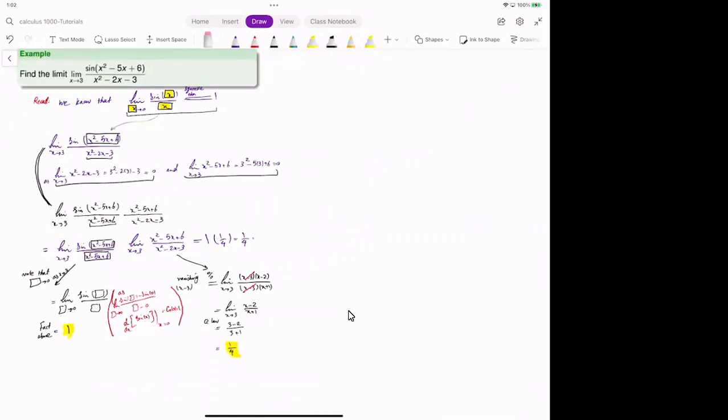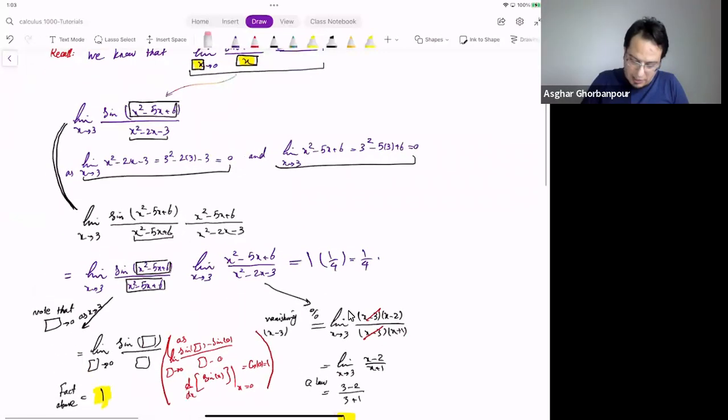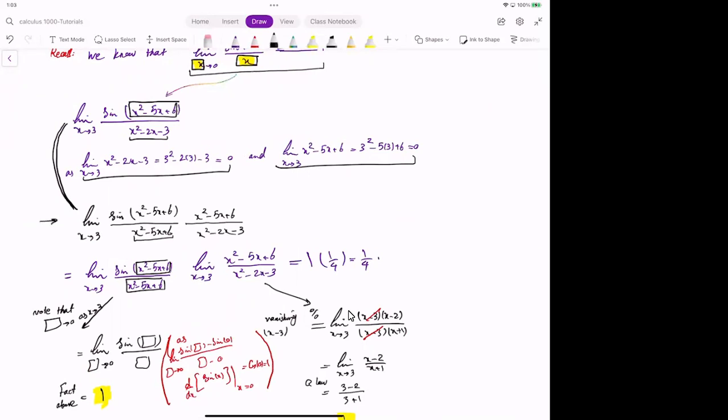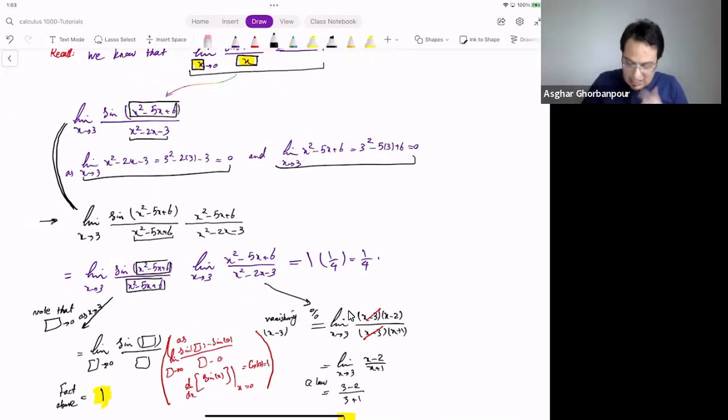Sorry, just to verify, you got rid of the sine when you were using that rule, and then multiplied one value by the other one? Sorry, are you talking about this step? The one right below that. Oh yeah, this is just a product. This multiplied by that. I can find the limit of the first part times the limit of the second part, and then multiply the limits.